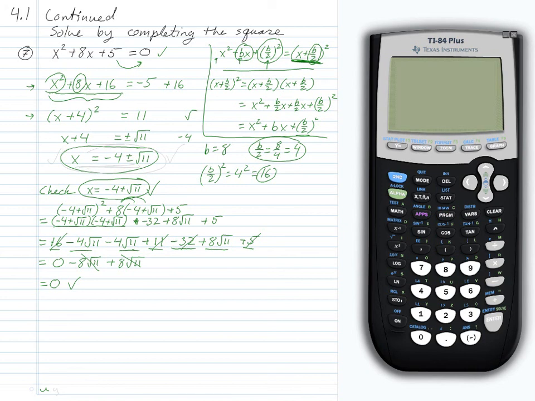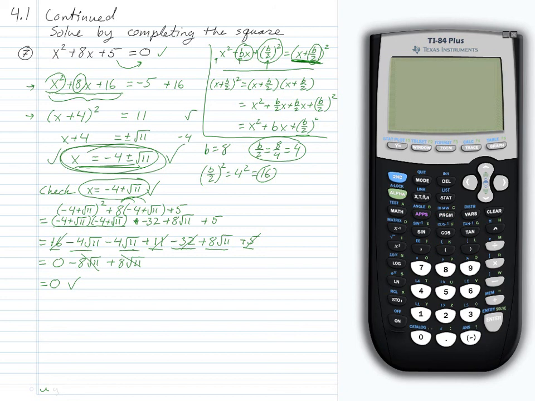Let me try that. So if I do x squared plus 8x plus 5, fingers crossed, I'm hoping for 0, and that's what we get. So the negative version is also a solution. Going back to our final answer, both of those check out.